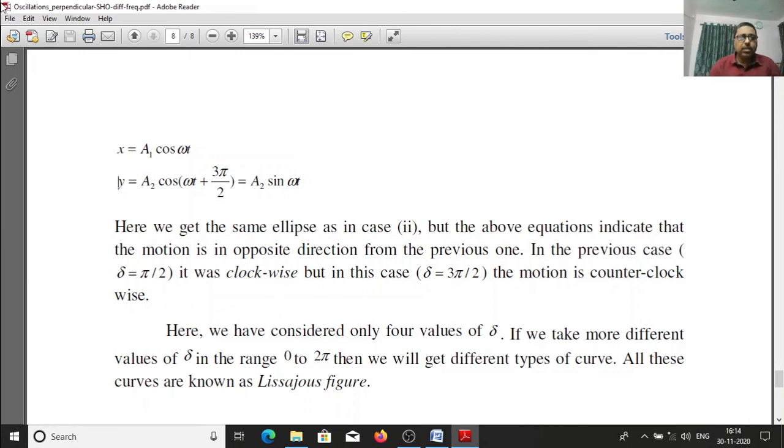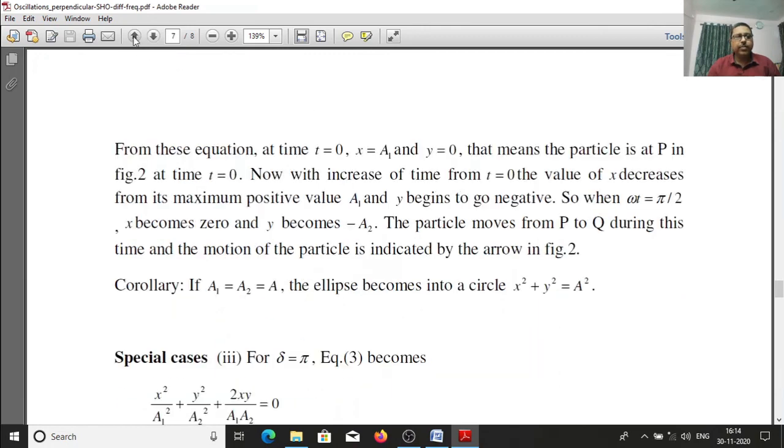This is x equal to a1 cos omega t, y equal to a2 sin omega t.